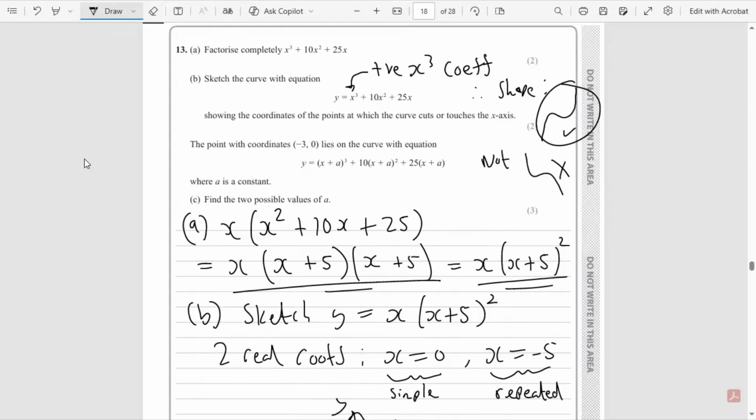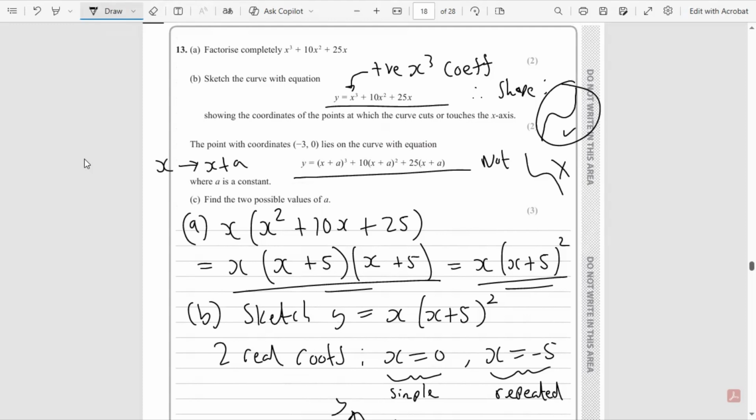Now, hopefully, you will notice that if we compare this equation with this one, the only difference is that the x has been replaced with an x plus a. So the x has been converted into an x plus a.